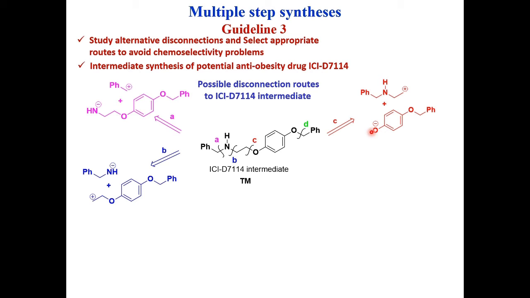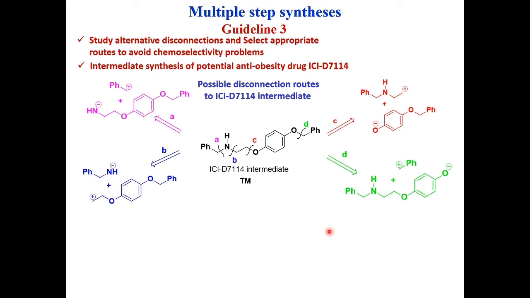A proton gets attached here and it becomes the phenol. So these are the real chemical reagents. Let's move to the D cleavage. After cleaving this bond, you will have these synthons. This is basically benzyl bromide and this is phenol.